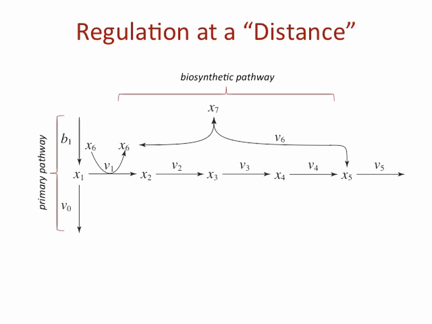And we might think of this biosynthetic pathway leading to X5 as a biosynthetic pathway for, say, an amino acid. And X1 could be, for instance, erythrose 4-phosphate, an intermediate in the pentose pathway. So some of the X1 is being siphoned off to make X5 that in turn is being used in protein synthesis.